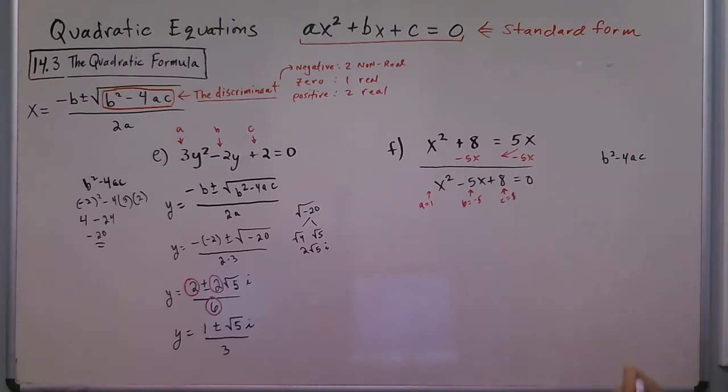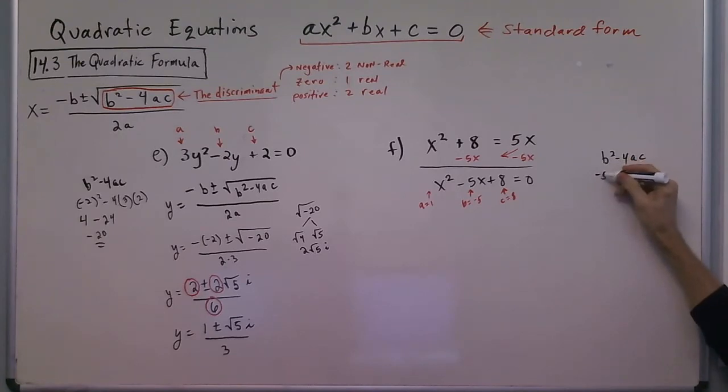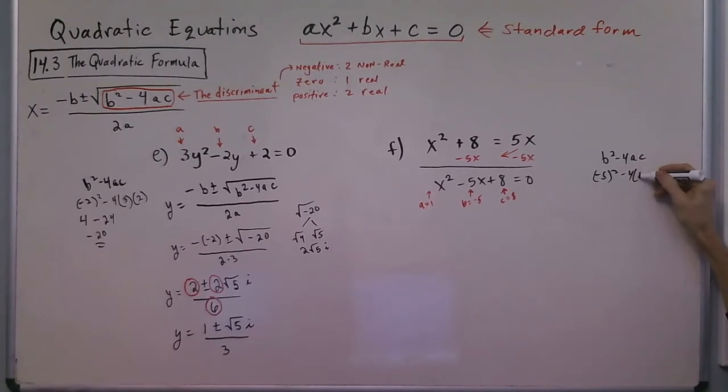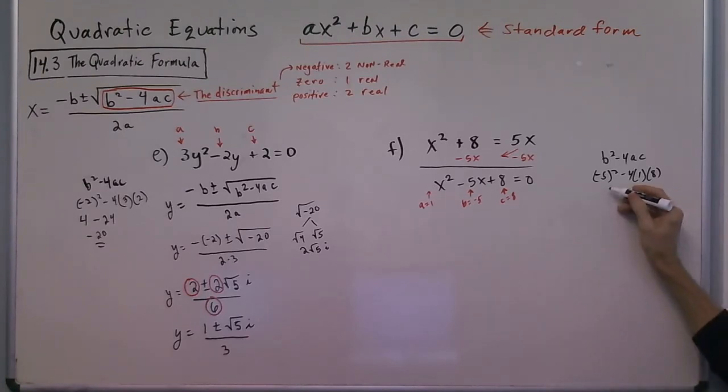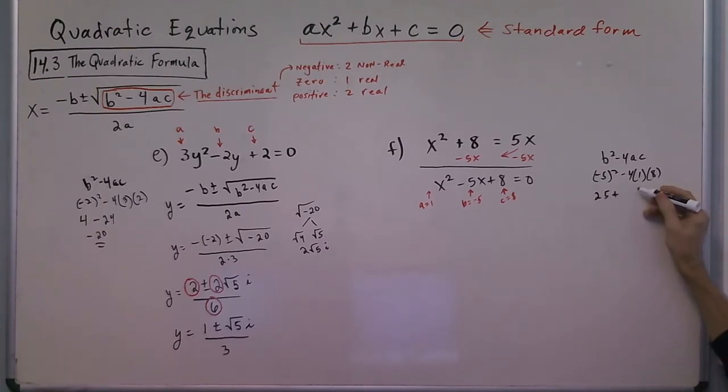Okay, so putting those values in, we have -5 squared minus 4 times 1 times 8. We get 25. Oh, positive 25. Mistake there. And minus 32. So we get -7 here.